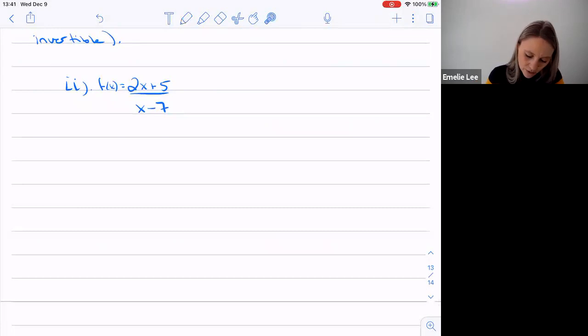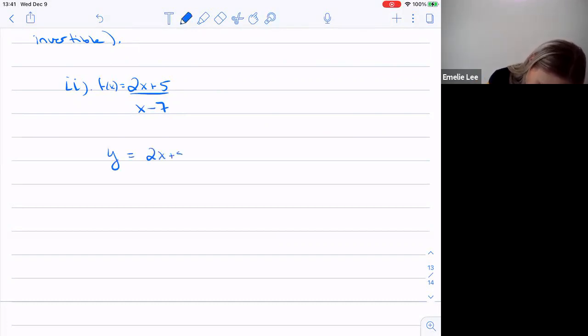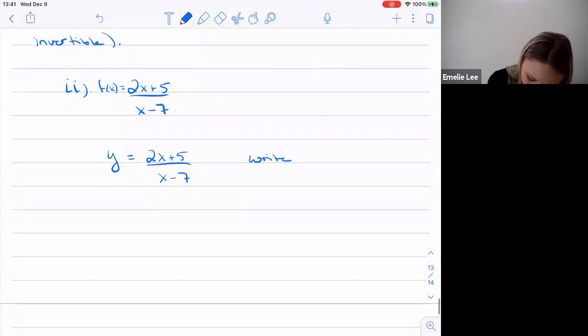To find the inverse, we write y equals 2x plus 5 over x minus 7. You can skip that step if you want, but I'm going to do it. So here, the step that I'm doing is write y equals f of x.